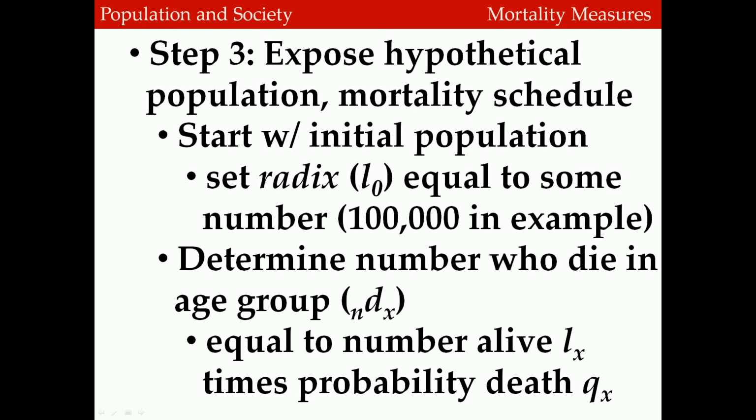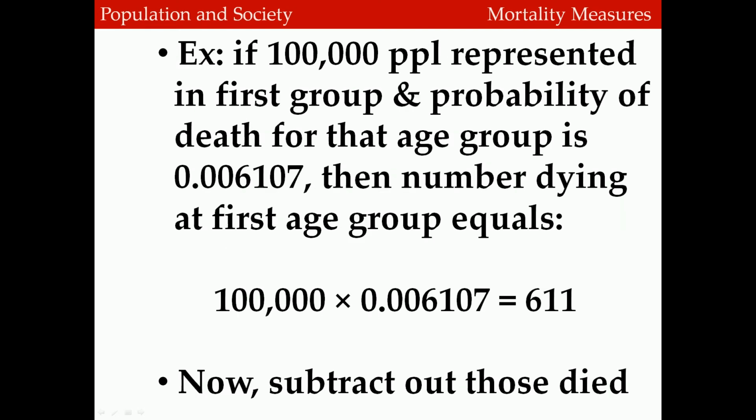So what we're going to do is determine the number of people who die based on the probability of death, and we're basically going to be subtracting those people out of our hypothetical population as we go. So for example, if we start with 100,000 people, and that's our first group, and we realize that the first group has about a 0.6% chance of dying, we take the number of people in that hypothetical population, 100,000, multiply it by the probability of death, 0.006107, and if we round a little bit, we figure out that 611 of them are going to die in that age range.